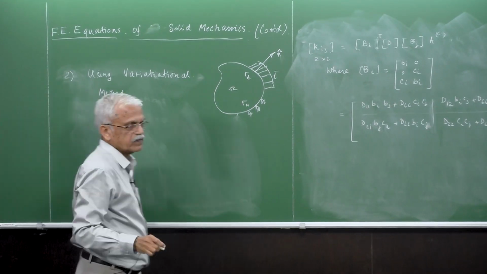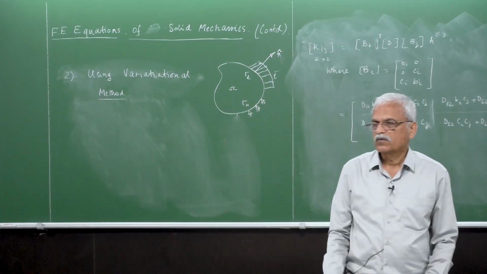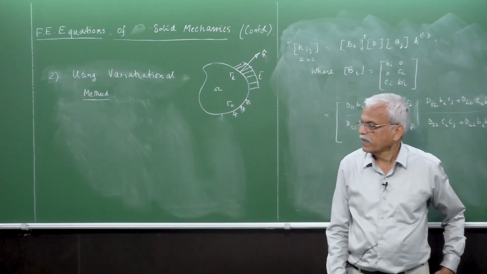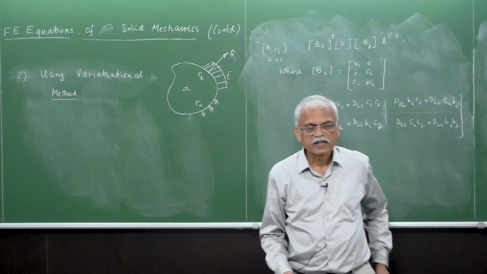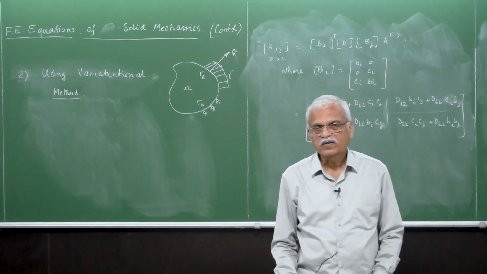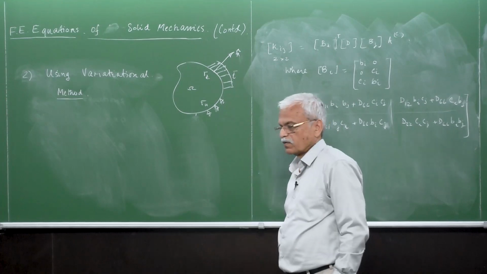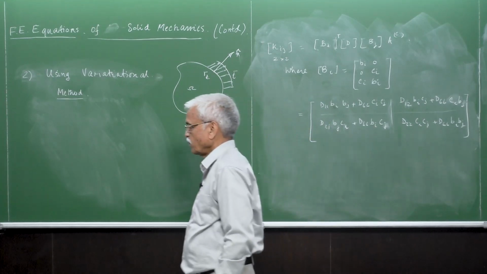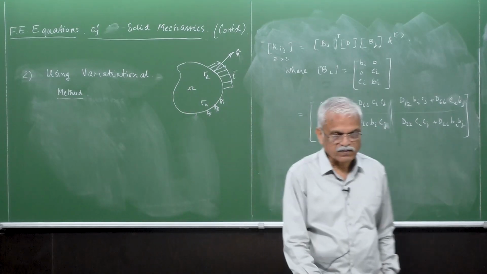So what is this variational method? Solid mechanics using the variational methods, where we will try to derive the finite element equations. Earlier it was based on the method of weighted residuals, and the method we used was the Galerkin approach, where we took the weighting function same as the trial functions.